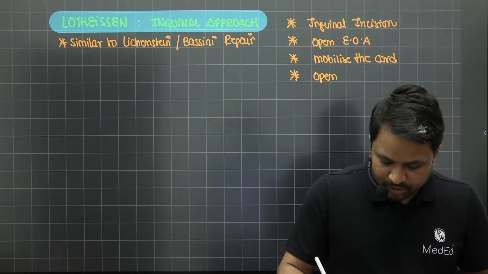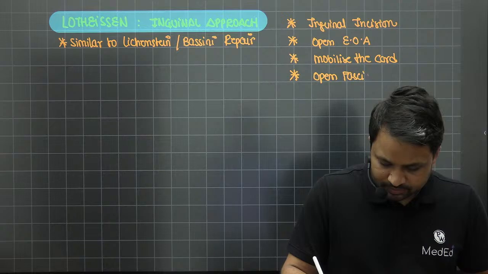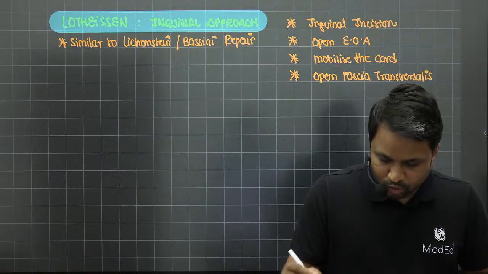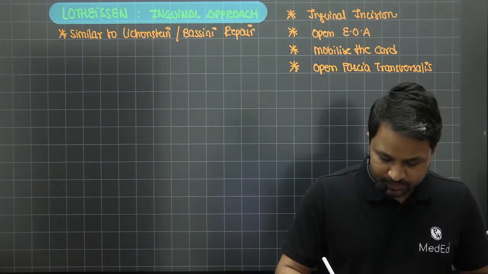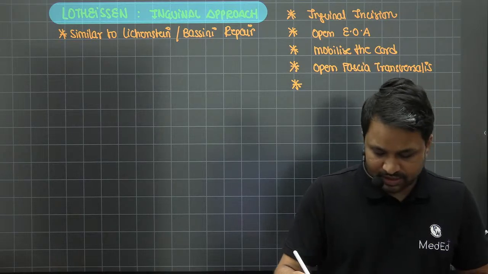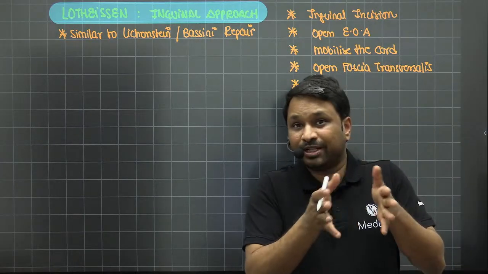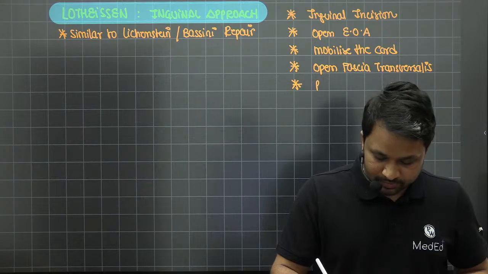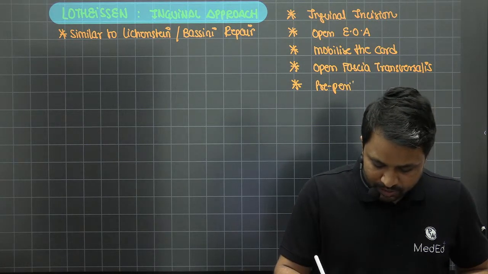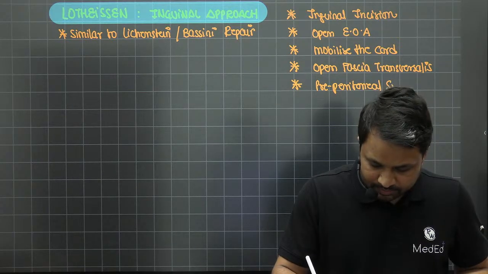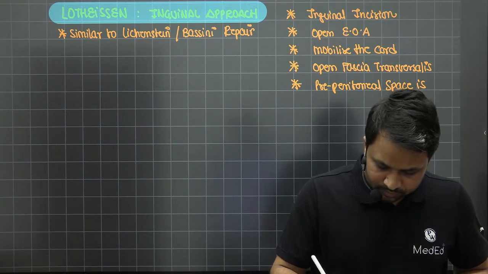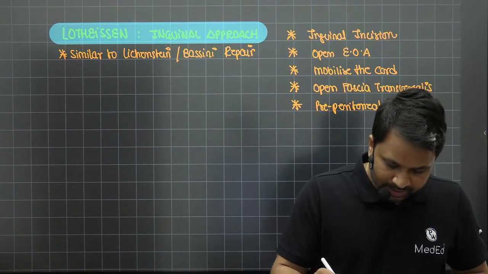I'm going to open the fascia transversalis and then enter. Once you open the fascia transversalis, you reach the space behind it, before the peritoneum. So this is your pre-peritoneal space. The pre-peritoneal space is accessed.